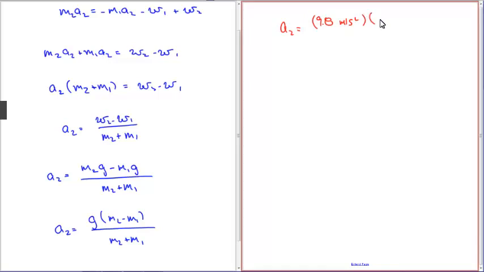M2 is 5 kilograms. M1 is 3 kilograms. And we divide by 5 kilograms plus 3 kilograms. And before we actually do the calculation, let's just look at what we have.